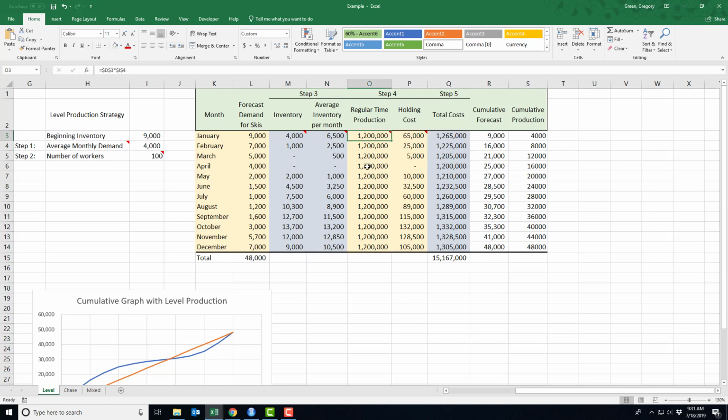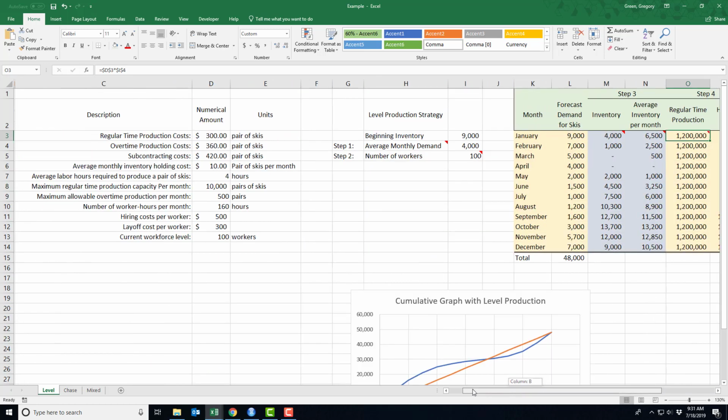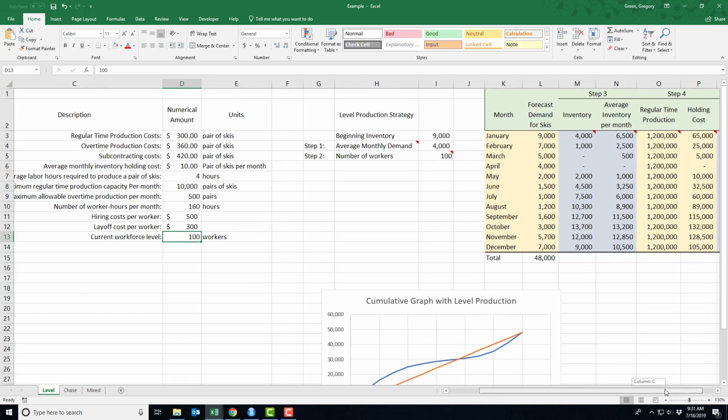All right, so now we can calculate the regular time. What does it cost me for labor for each month? Well, the number of laborers is 100, and it costs me, here, let me just show it.